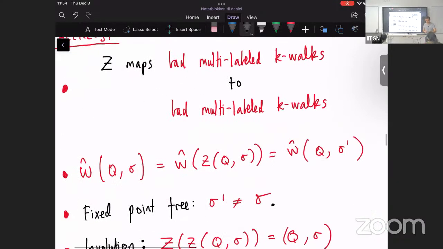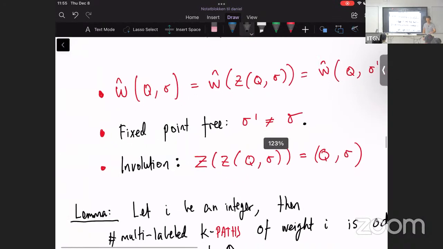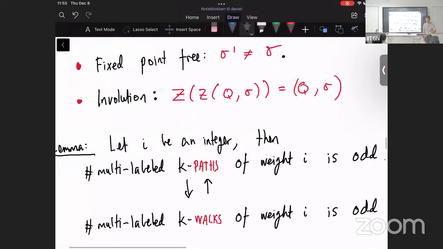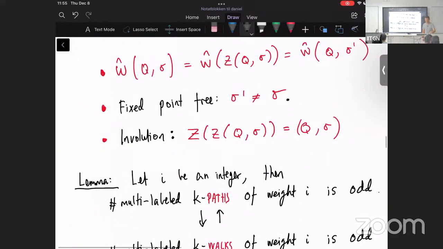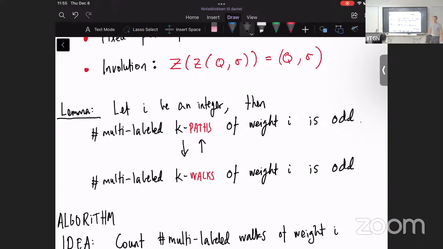The weight of the walk is the same after the flip because we don't change the set of pairs. It's fixed point free because you actually do a flip. And it is an involution because if you flip twice, you get back to where you were. Therefore, we have now proved the lemma. And as a corollary, for any integer I, the number of multilabeled k-paths of weight I is odd if and only if the number of multilabeled k-walks of weight I is odd.